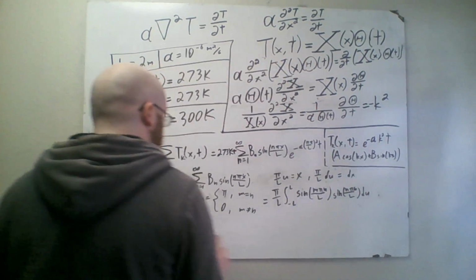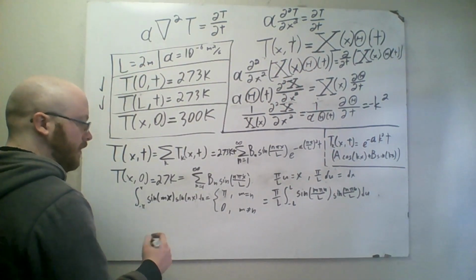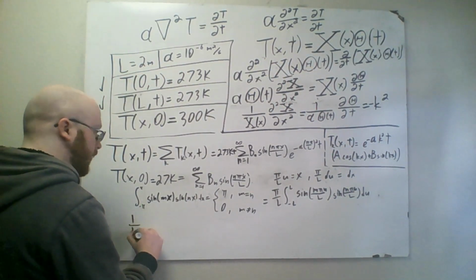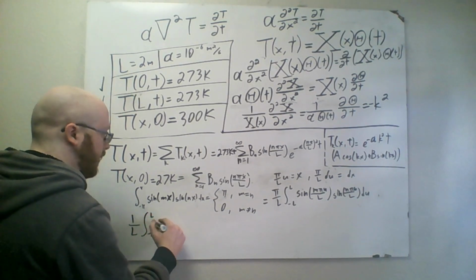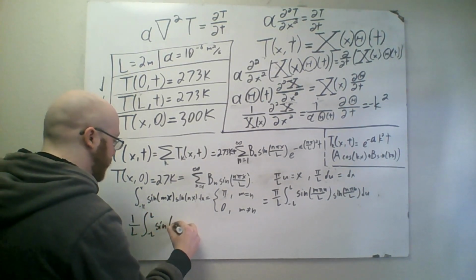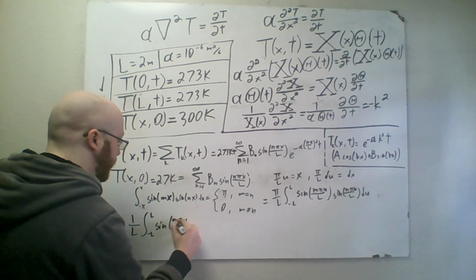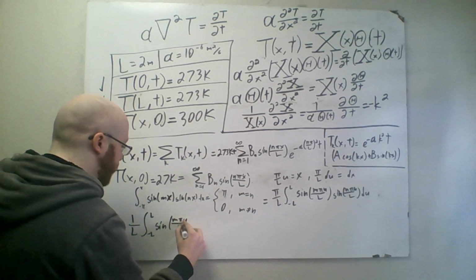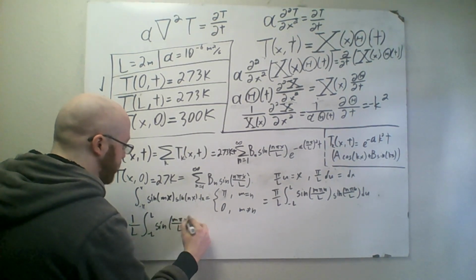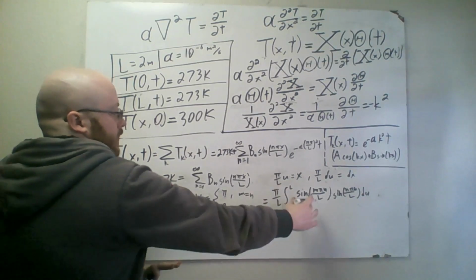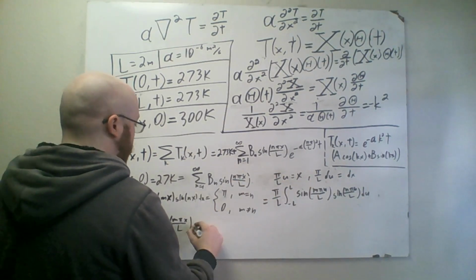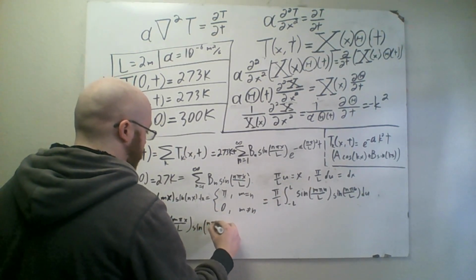Great, so now I divide both sides by pi, so I get 1 over L, I go from negative L to L, sine m pi x... No, I'm just gonna plug x back in since I'm just renaming variables. There's nothing really too crazy there.